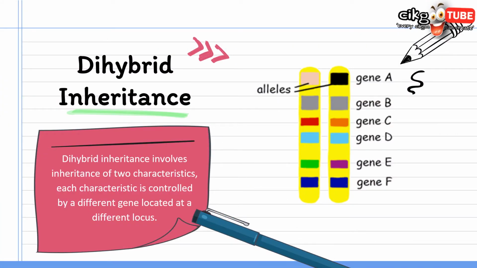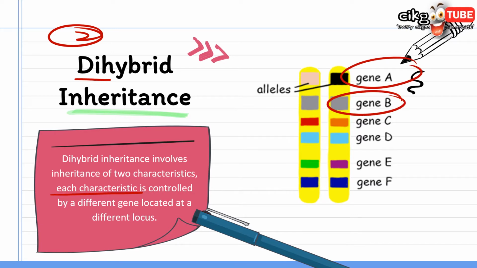So what is dihybrid inheritance? We know in biology, di means two. So dihybrid inheritance is an inheritance that involves two characteristics, and each characteristic is controlled by a different gene that is located on a different locus. So we have two genes that control specific characteristics.